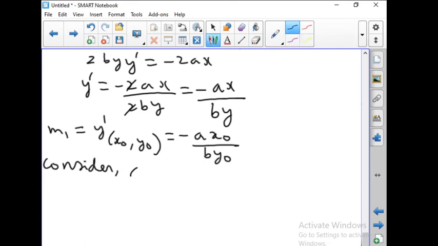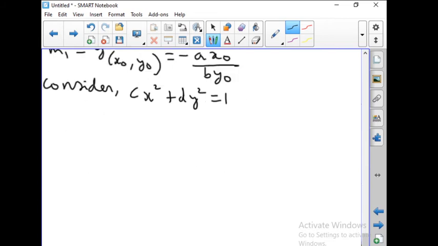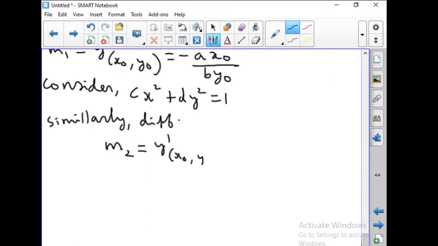The second curve is c x square plus d y square is equal to 1. Similarly, differentiating and doing all those steps, what you will get? m2 is equal to y dash at x naught comma y naught, and that will be equal to minus c x naught by d y naught.